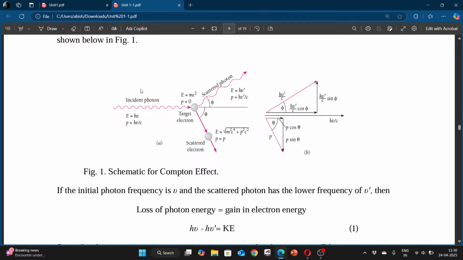Now let's read and write the equations. If the initial photon frequency is mu and the scattered photon frequency is mu dash, then the loss of photon energy is equal to the gain in electron energy.